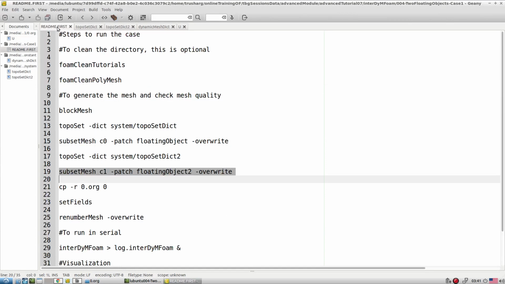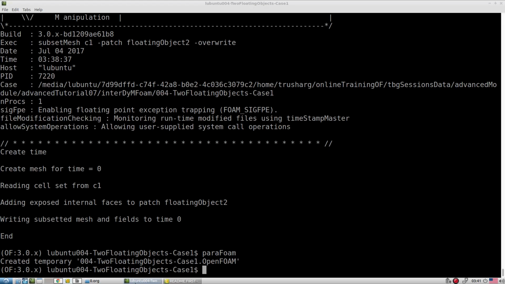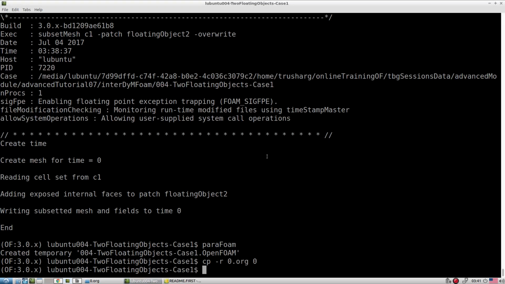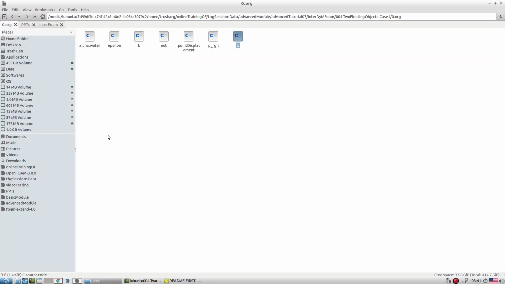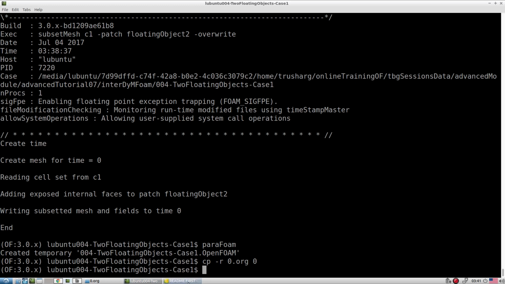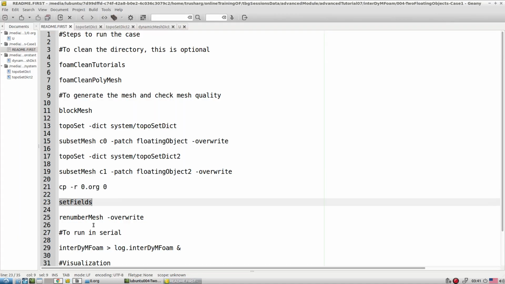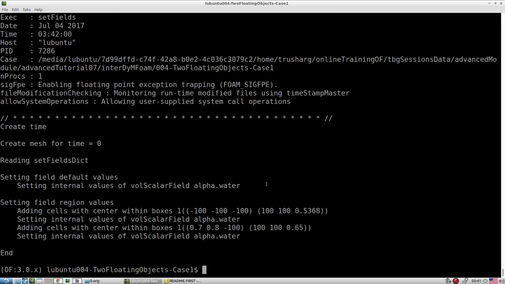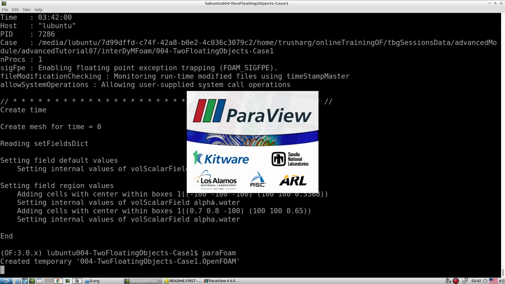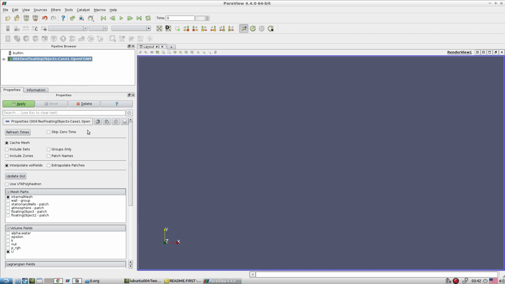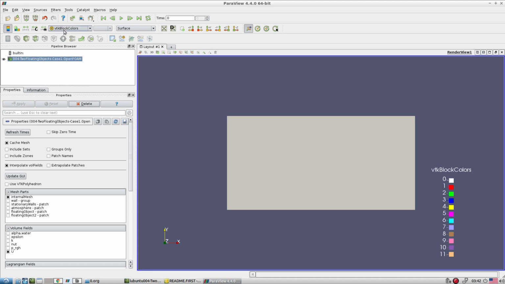Then let's first copy the 0.org folder to the 0 folder and construct the 0 folder. Now apply setFields, so we construct the alpha for water. Before we start, just look at how exactly it looks. Let's see alpha.